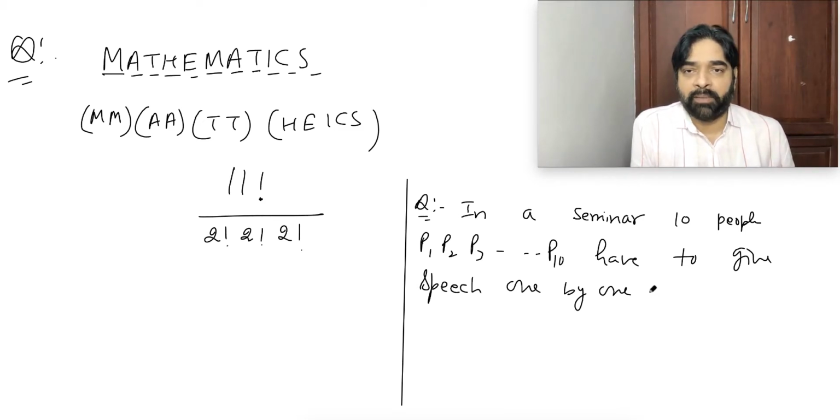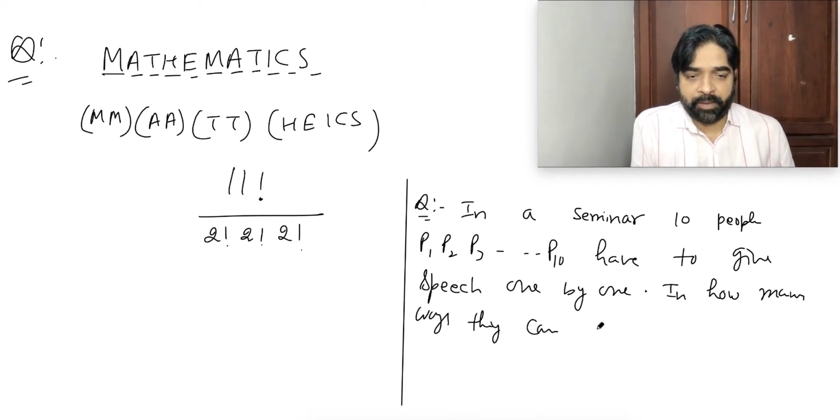One by one means all 10 have to give the speech. In how many ways can they deliver the speech?